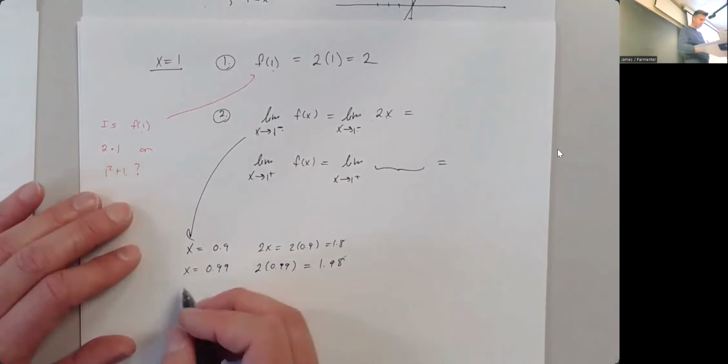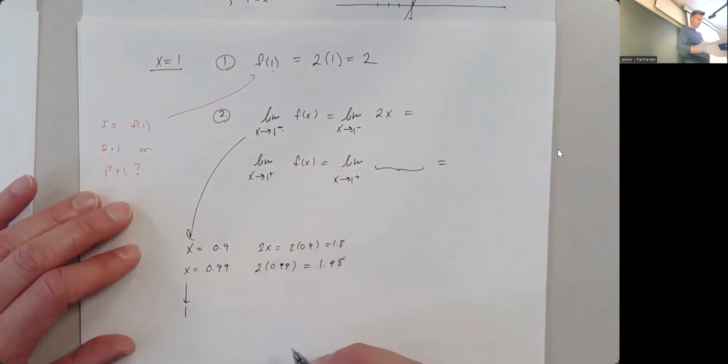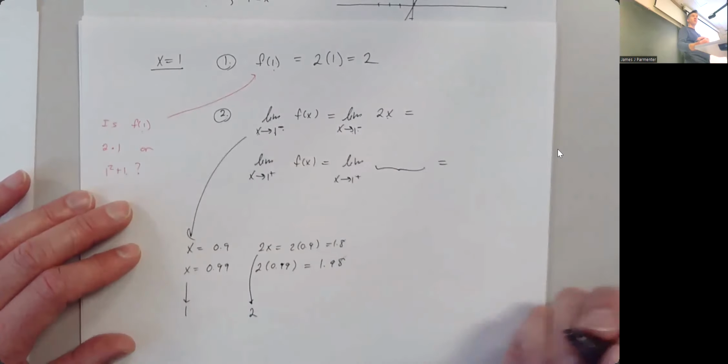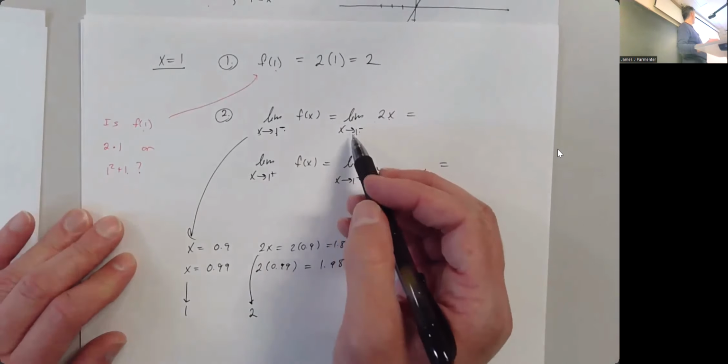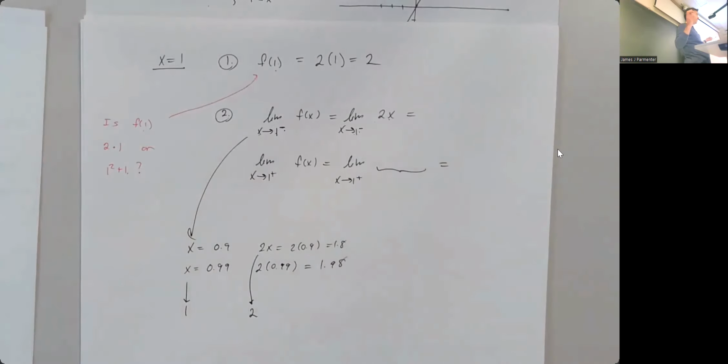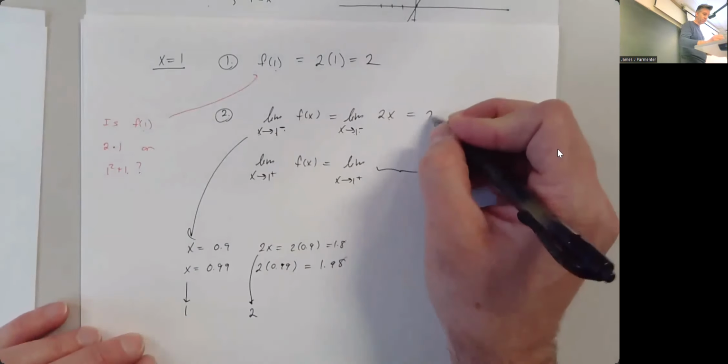The closer and closer x gets to 1, the closer and closer 2x gets to 2. And so we end up being able to say you can plug in 1 because that's the shortcut we use. But really the idea here is that x is just creeping up towards 1, and 2 times x at the same time is getting closer and closer to 2 times 1, which is 2.